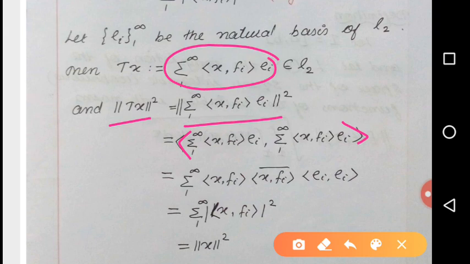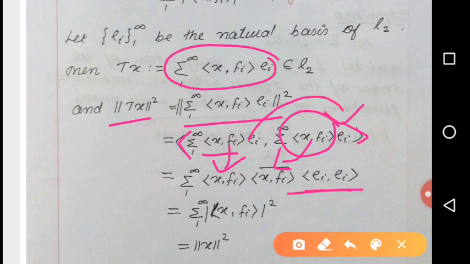There is an inner product ⟨x, fi⟩ in the first argument position, and there is also such a term in the second argument position. So from the first argument position, it will come as ⟨x, fi⟩. From the second argument position, the conjugate of ⟨x, fi⟩, and there is ei. Again, one term is the inner product of ei with ei.